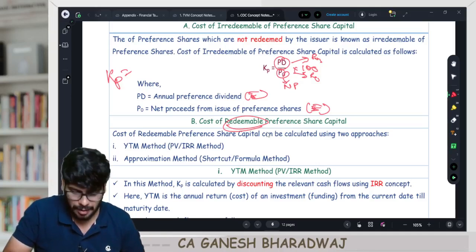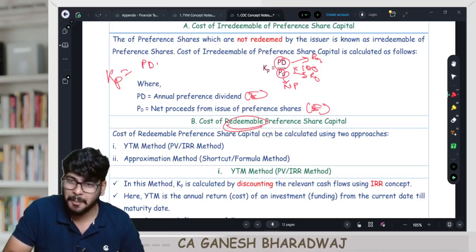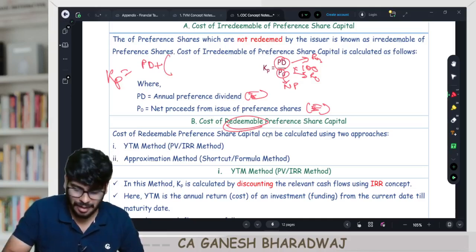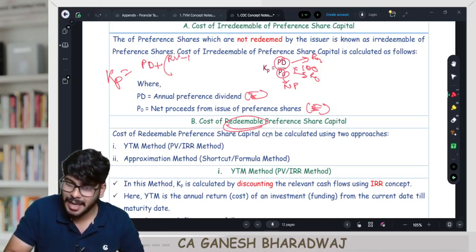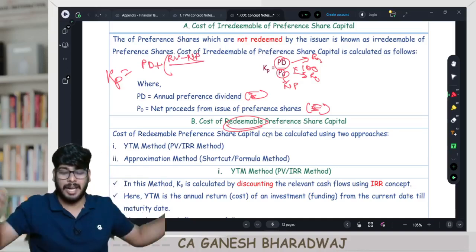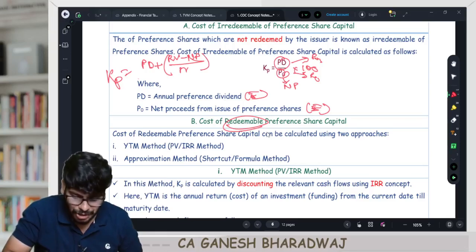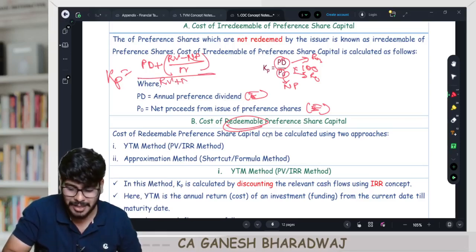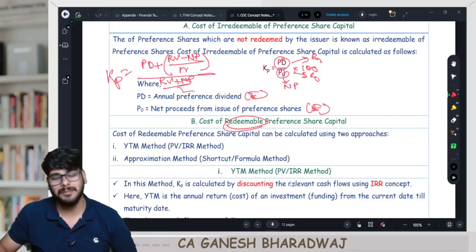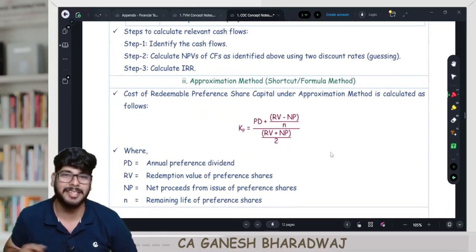Come on. Preference dividend plus RV minus NP, but this is the cost for the entire life, divided by the life of it, N, the whole divided by RV plus NP by 2. As simple as that, and that's what they're saying here.